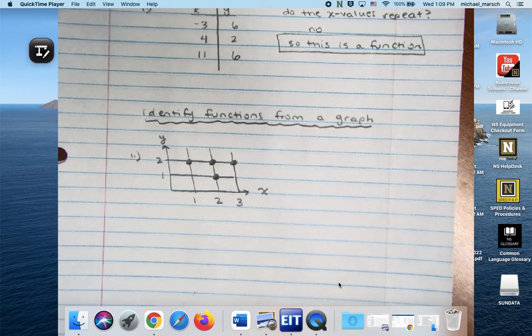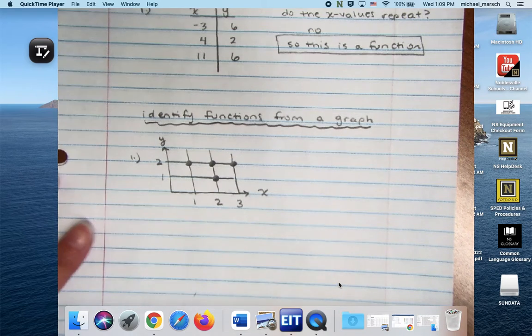So when you have a graph, there are two ways you can determine if it's a function or not.